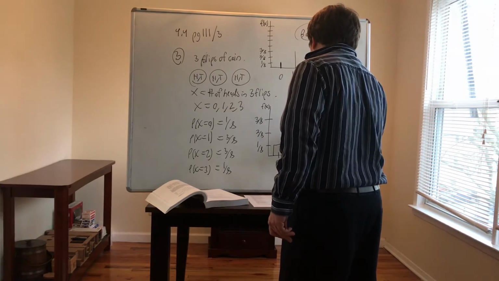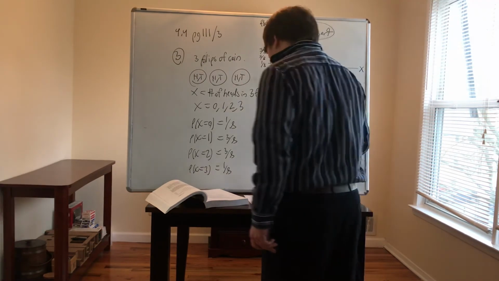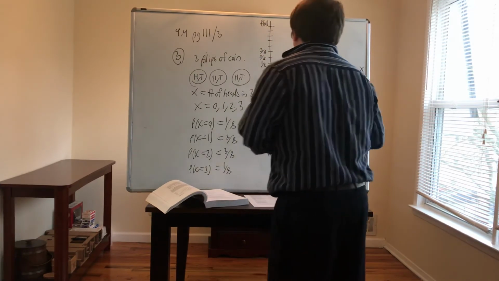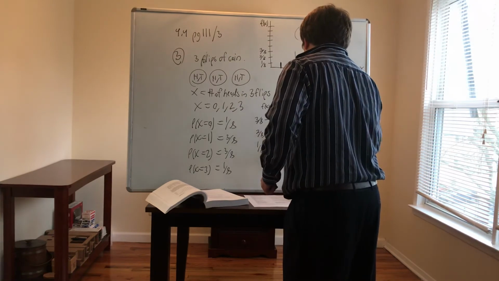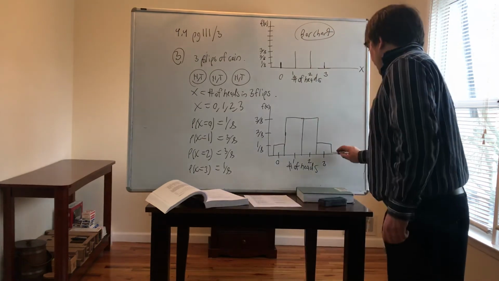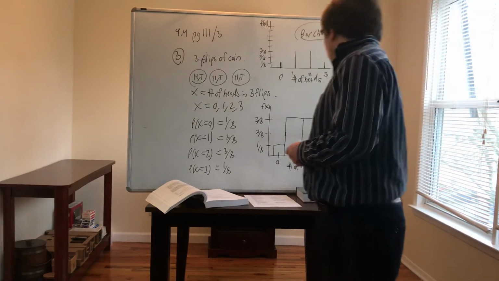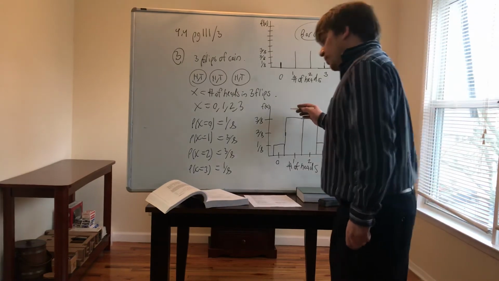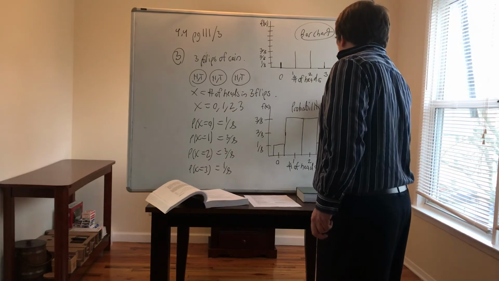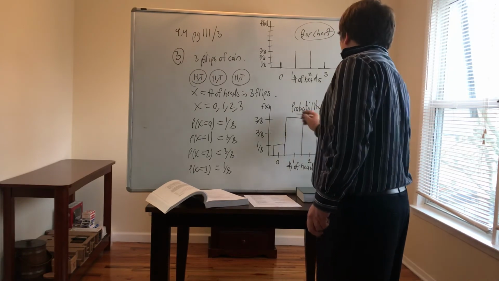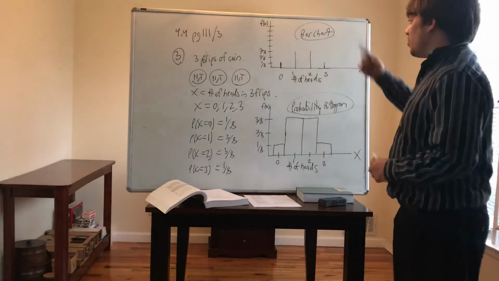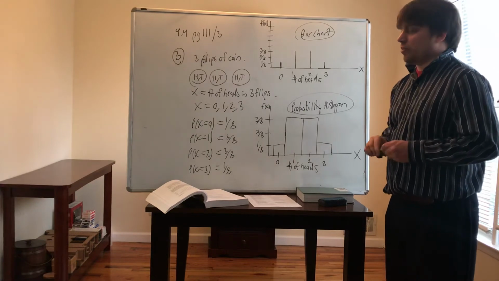For 1, it's 3/8. There we go. So now that's the probability histogram for this discrete random variable, and this is the bar chart. So that's 4.4, number 3.